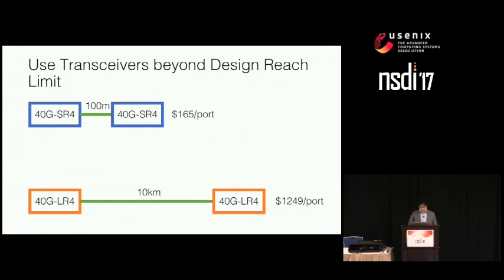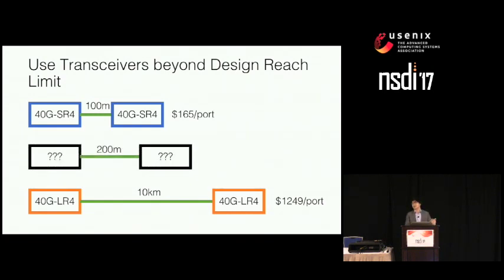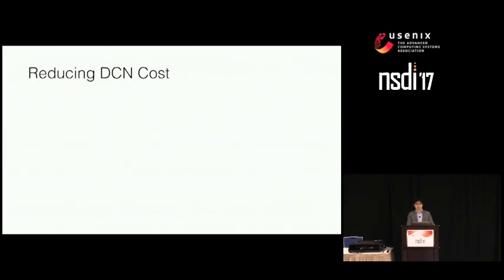So in a data center, if we want to build a link that is between the reach limit of those two technologies, the only choice you have is to use the long reach technology, because these are the only two technologies specified in the IEEE spec for 40G. So that costs a lot of money. Our idea is simply to stretch the original design limit of the short reach technology and use it at 200 meters. So why can this approach reduce the cost of data center network?